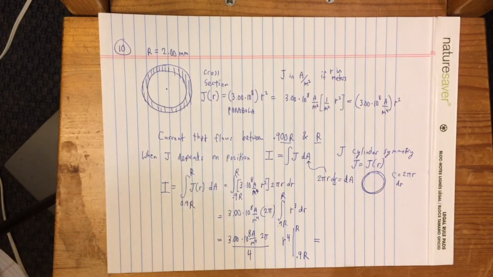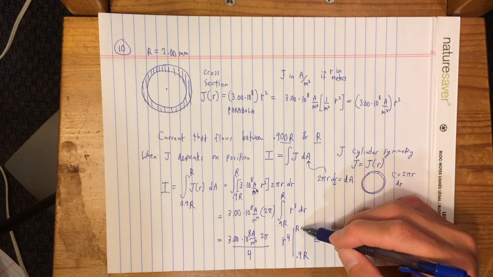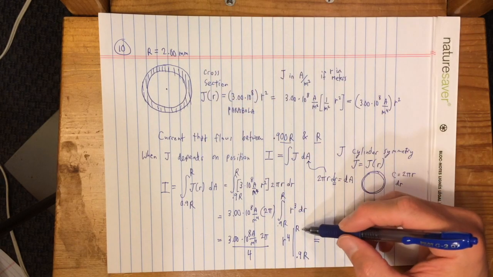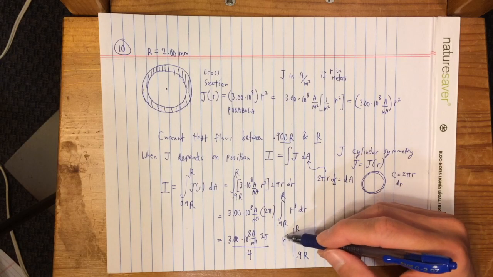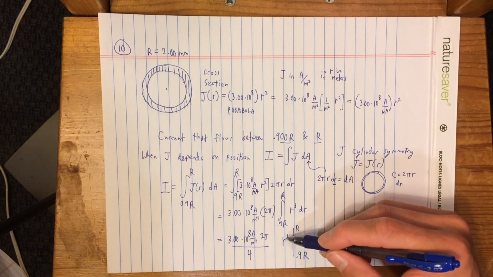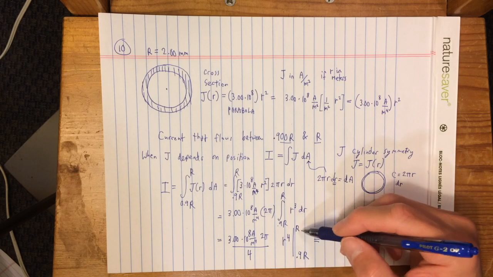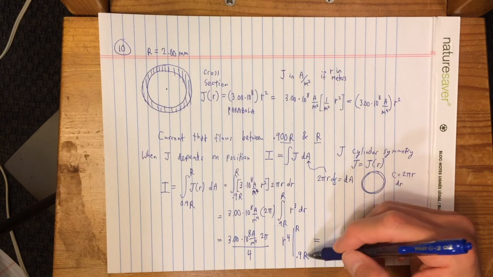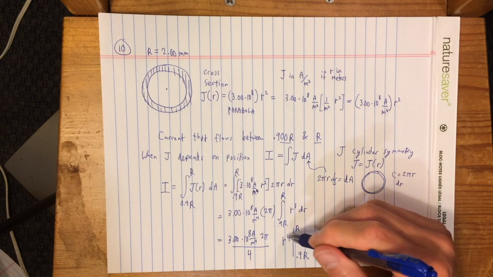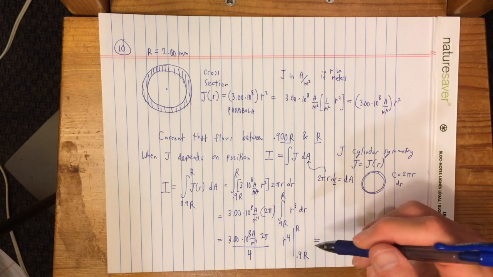This is going to give you some answer, but check it out. r is a distance, so when I put that into r to the 4th, you're going to have a distance raised to the 4th power. Maybe I could convert this to meters, go ahead and do it now. Anyway, that distance to the 4th is going to cancel with this unit, meter to the 4th.